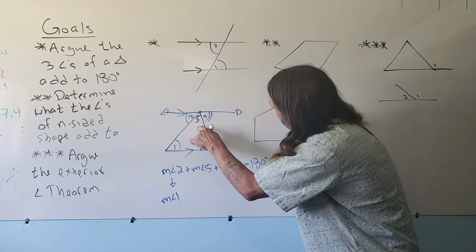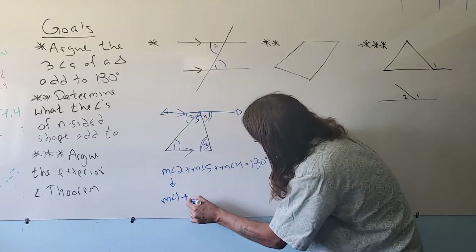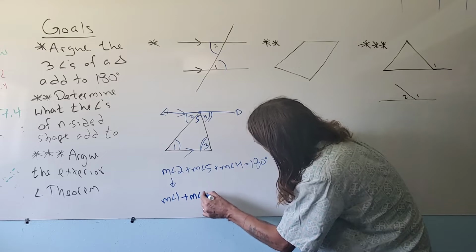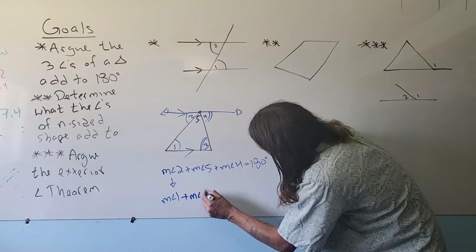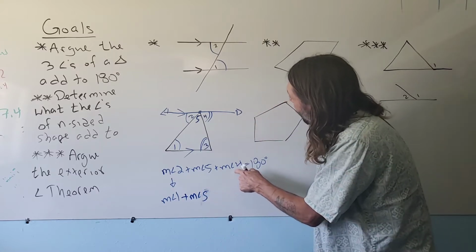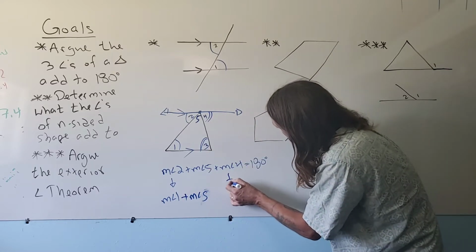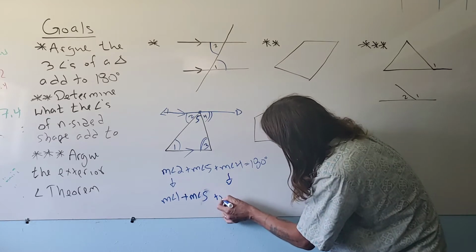Angle 5 is in the triangle just like angle 1, so I'm not going to change angle 5. I'm going to leave that as angle 5. And angle 4 is the same as angle 3, so I'm going to replace angle 4 with the measure of angle 3.